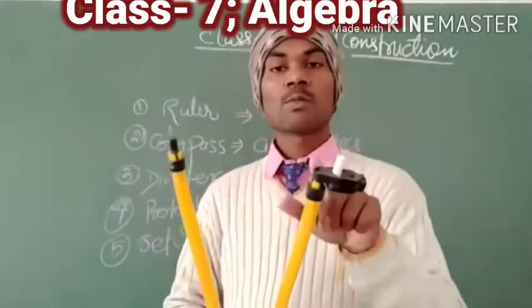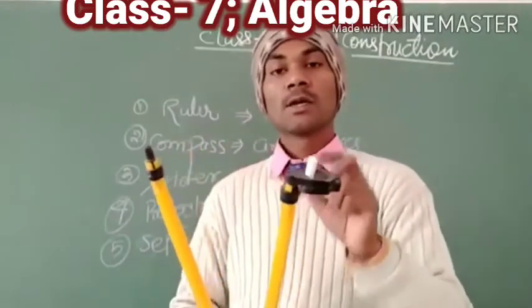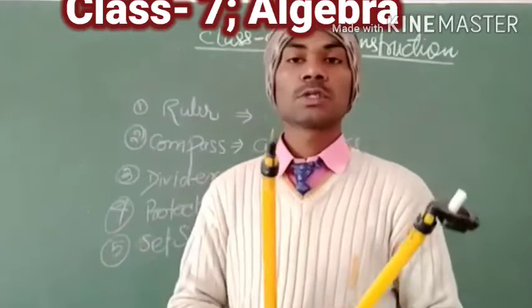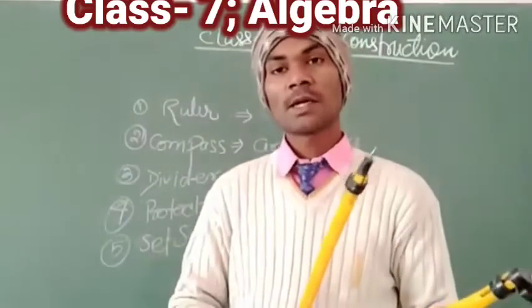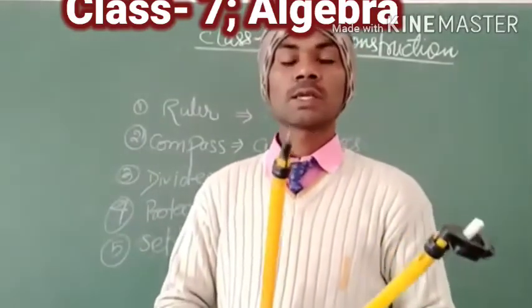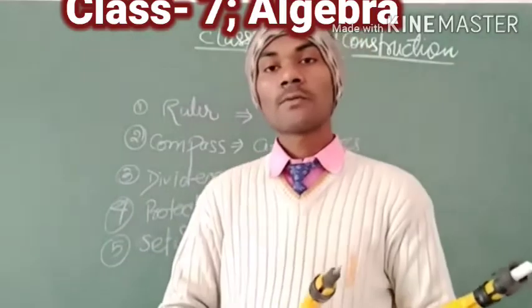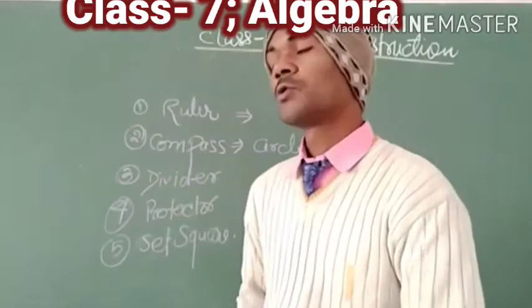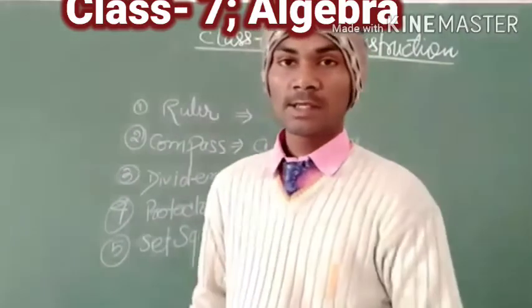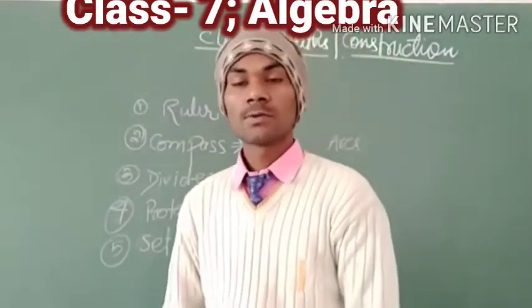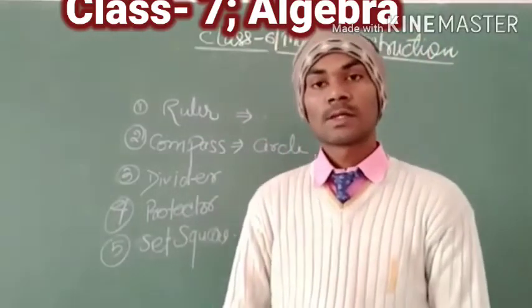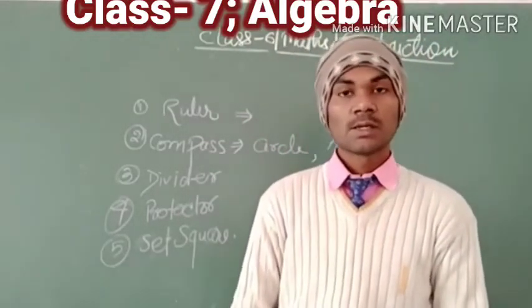But in the divider, both heads have their own needle, and this type of tool is used to measure the length between 2 points. The divider is used to measure the length of a line segment and also the distance between 2 points.